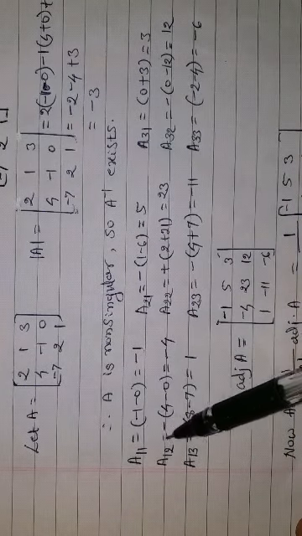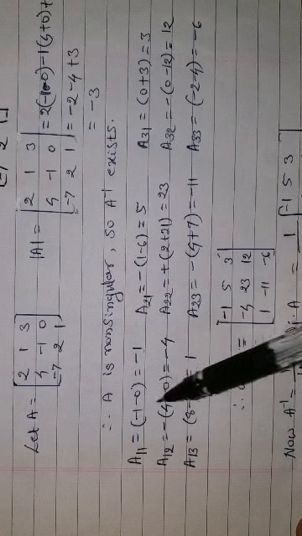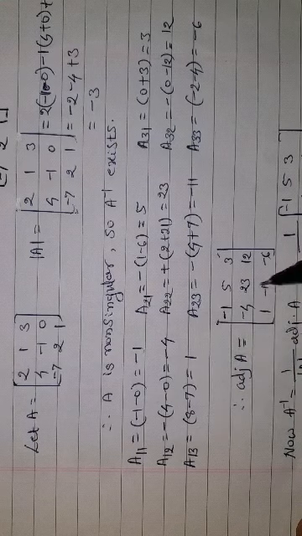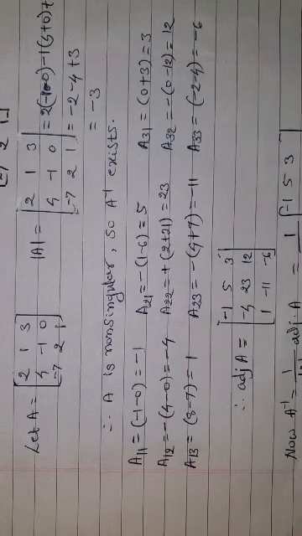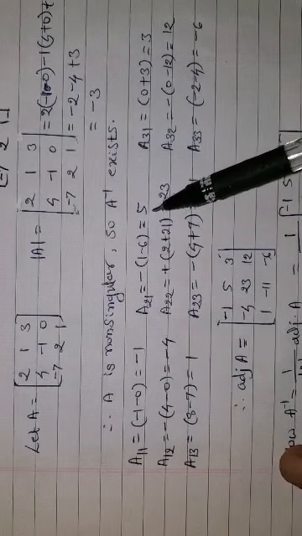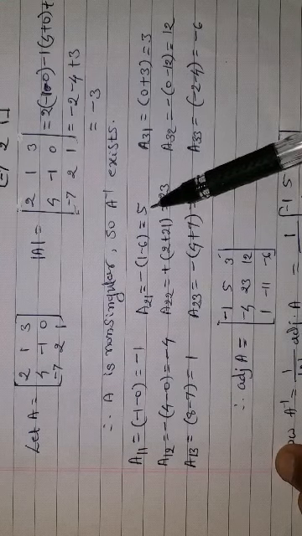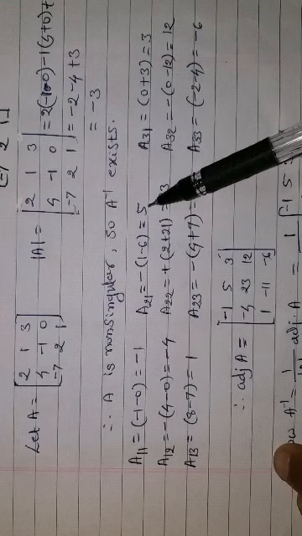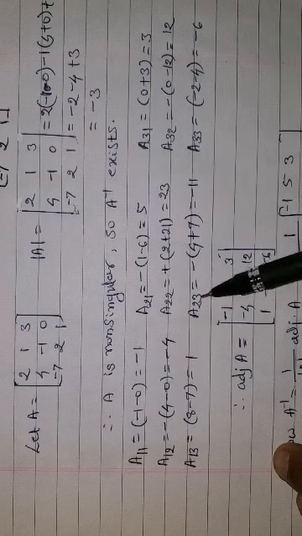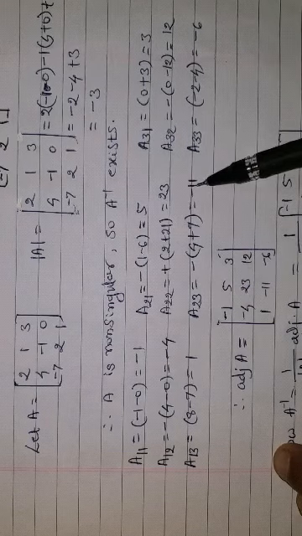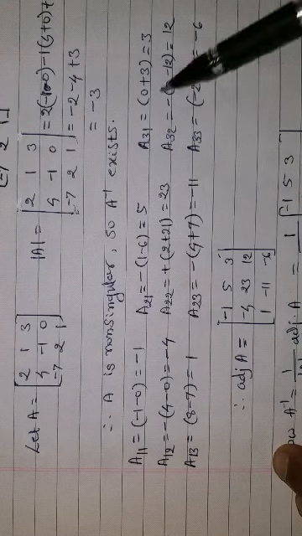Now write A11, A12, A13 like this vertically, the same concept as in the determinant box, and you will get the adjoint value. The cofactor A21 is 5, A22 is 23, A23 is minus 11.